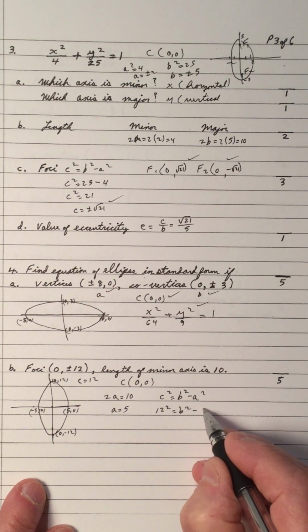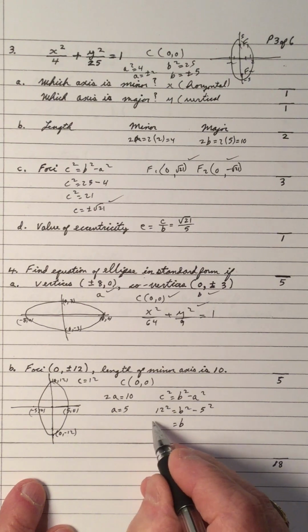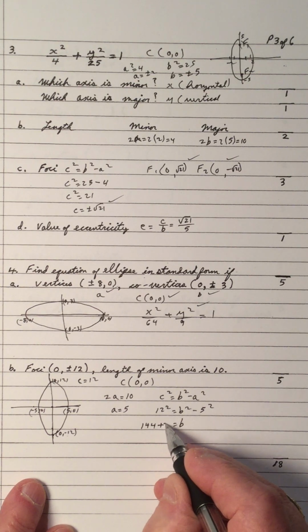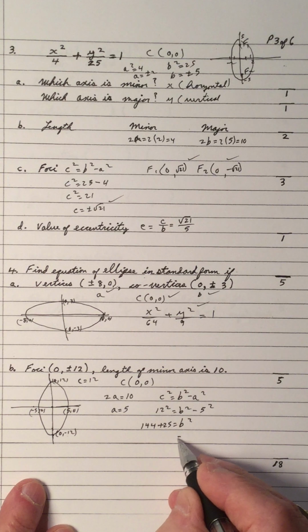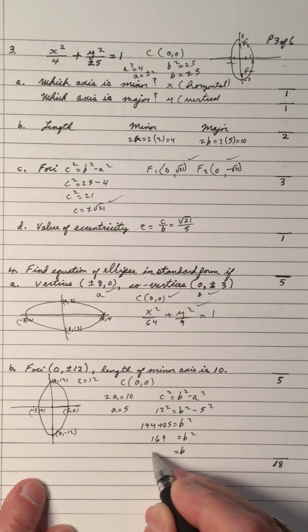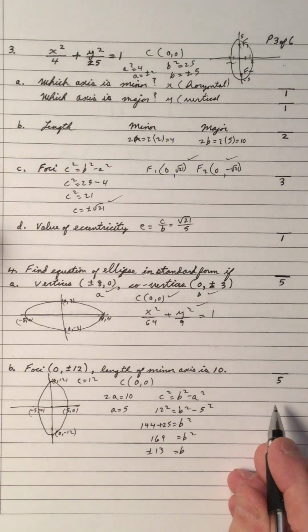We know a is 5, so it's 5 squared. So 12 squared is 144, this is 25, so it's plus 25 when you move it over. So b squared is 169. So b is plus or minus the square root of 169, which is 13.